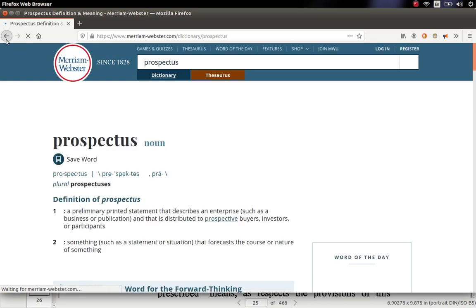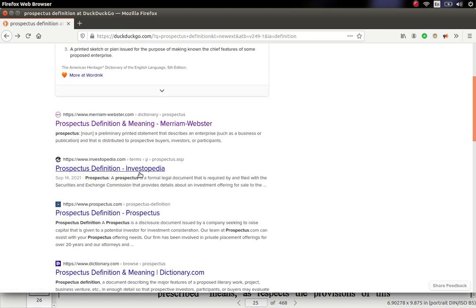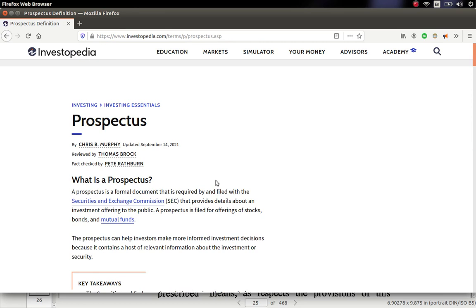I want to look at the meaning presented by Investopedia. A prospectus is a formal document that is required by and filed with the Securities and Exchange Commission, that's overseas, that provides details about an investment offering to the public.